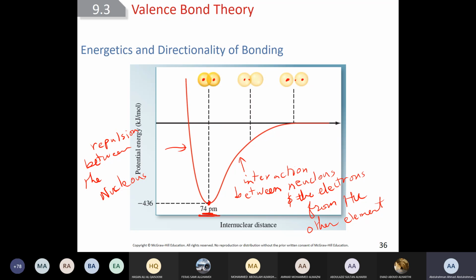Is this clear? So the best thing is at this distance where we have the bond. If you go even closer, there will be repulsion.